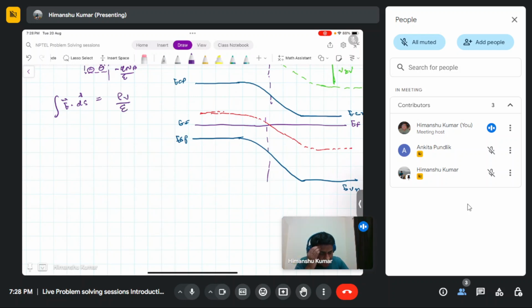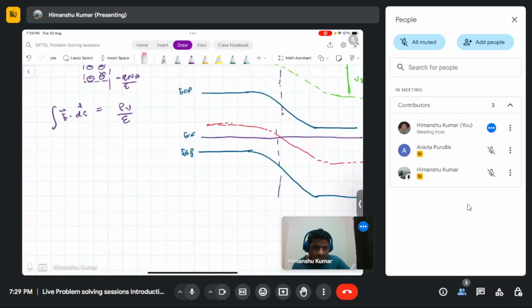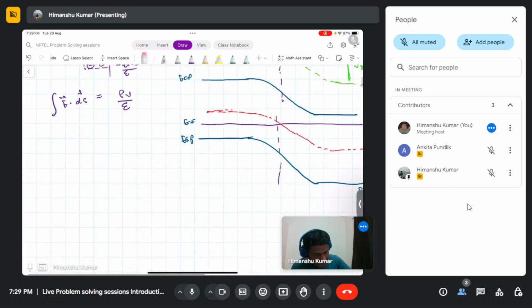If you are taking one direction, then you can take the cross-sectional area, and rho_v you can write with the cross section multiplied by dx. And this area you can also write as width times dx.